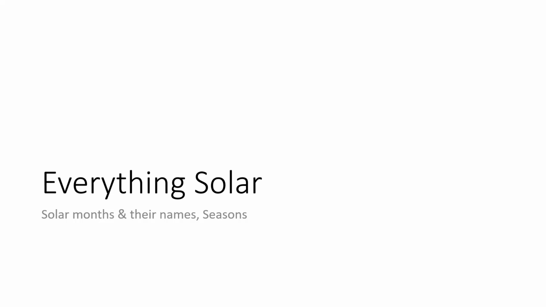We will also look at the seasons as they are understood in the ancient Indian tradition and also the Indian calendar tradition. And briefly, we will also revisit the tropical solar year and the sidereal solar year.